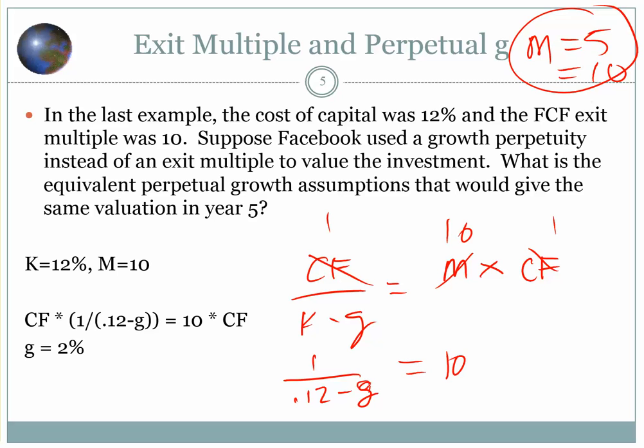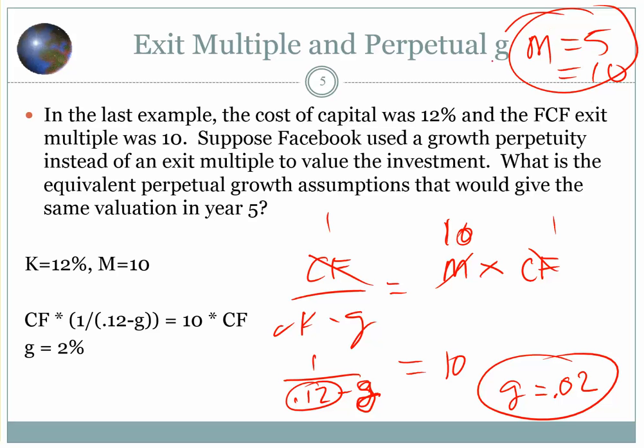So what I'm saying here is, if I use a multiple of 10 and I use a discount rate of 12%, implicitly I can solve this equation and show that it's equivalent to having a perpetual growth rate of 2%. So again, it's going to depend on what the discount rate is, but it does give you an idea of how you can think about what a price multiple is.